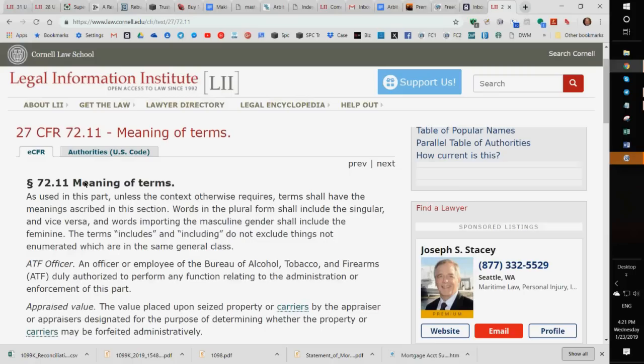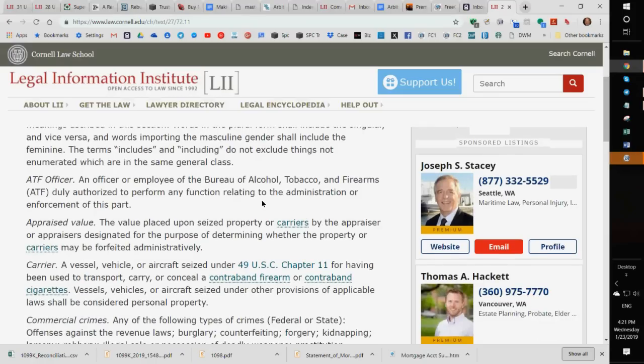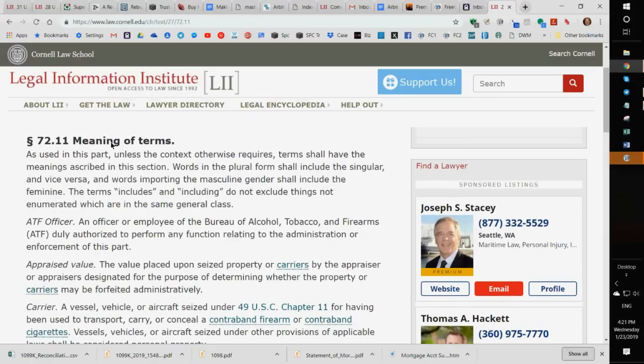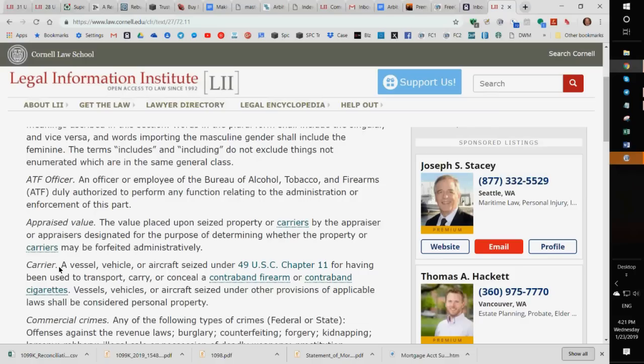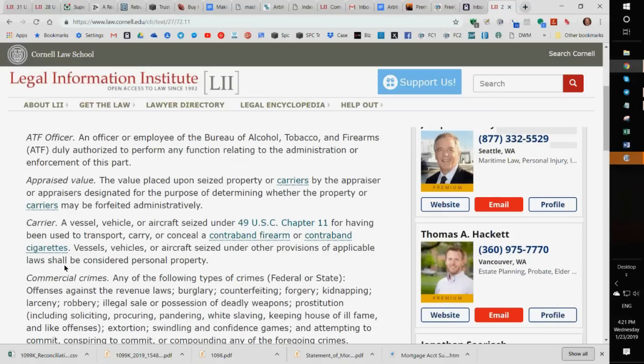But if you look at meanings of terms under 27 CFR 72.11, as used in this part, unless the context otherwise requires, terms shall have the meanings described in this section. Okay, I'm going to skip this part. But what they talk about here is what falls under this jurisdiction: ATF officer, appraised value, carrier, and by the way, that's vessel, vehicle.